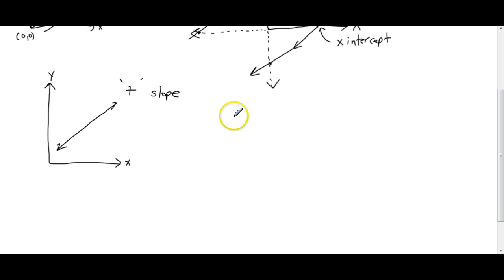But what happens if we have a line that goes the opposite direction? Perhaps it goes like this, down and to the right. Well, a line that has a slope that goes down and to the right is what we call a negative slope.